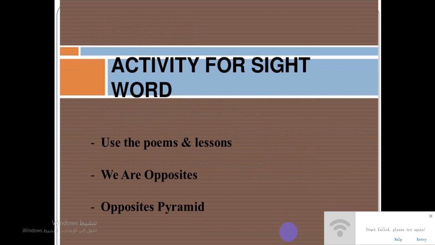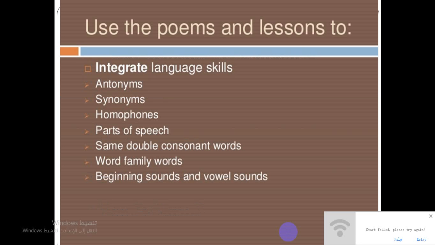Activities for the sight word approach use the poems and lessons: We Are Opposites and Opposites Pyramid. These use poems and lessons to integrate language skills: the antonyms, the synonyms, the homophones, parts of speech, same double consonant words, word family words, beginning sounds, and vowel sounds.